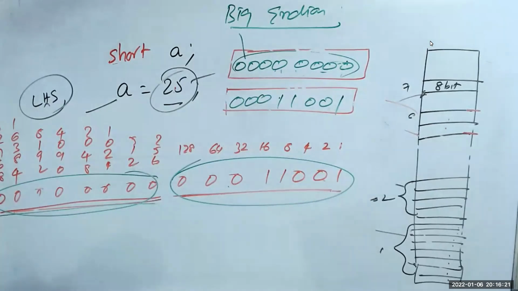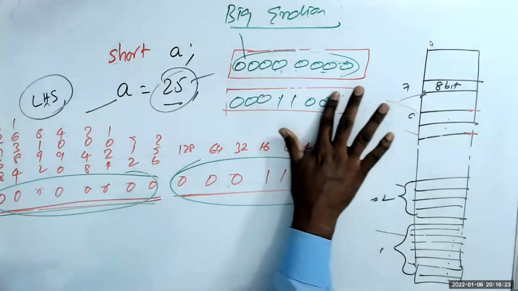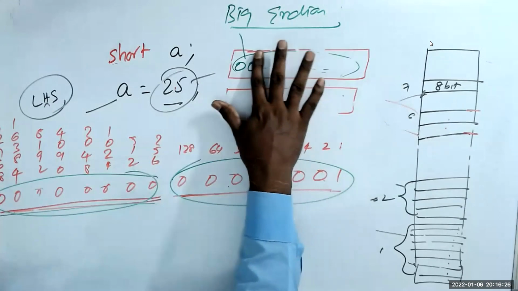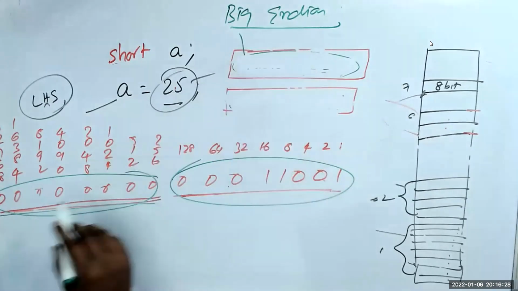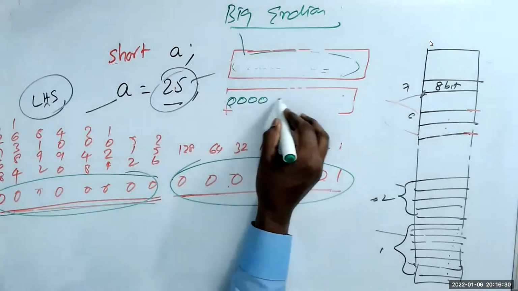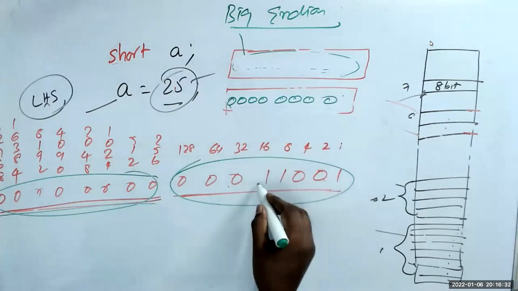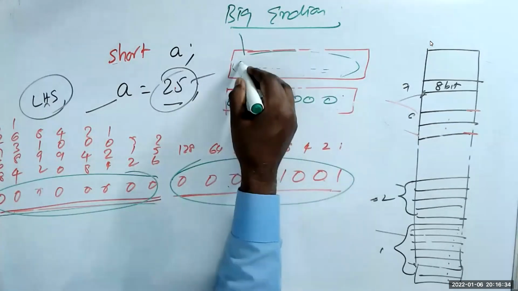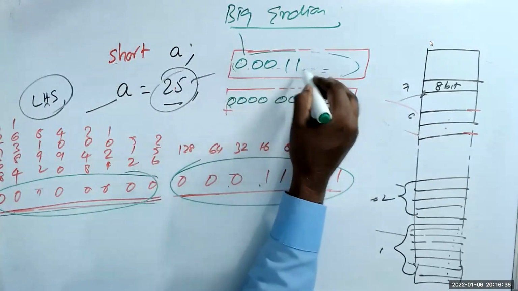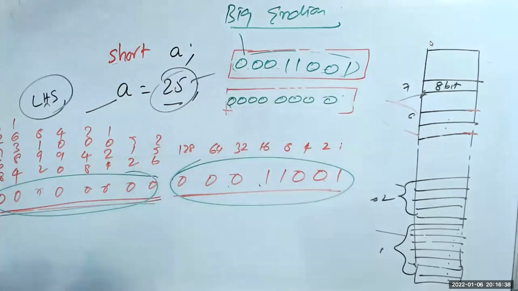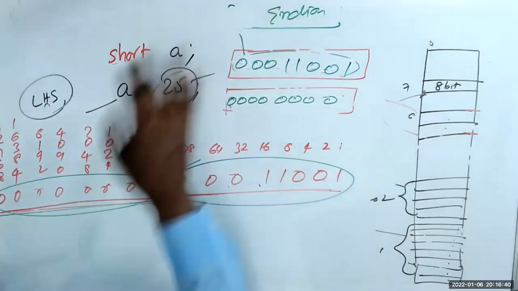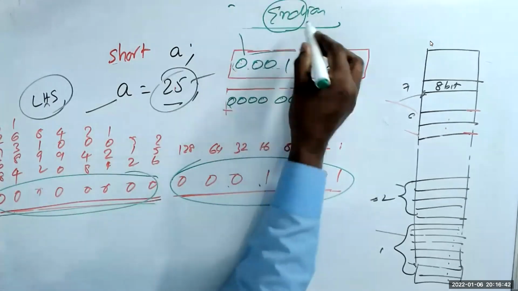And if you do the other way, if you write this number here, and this one here, we call little endian. That is endian, where it ends.